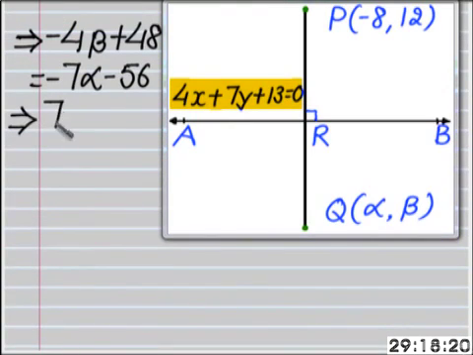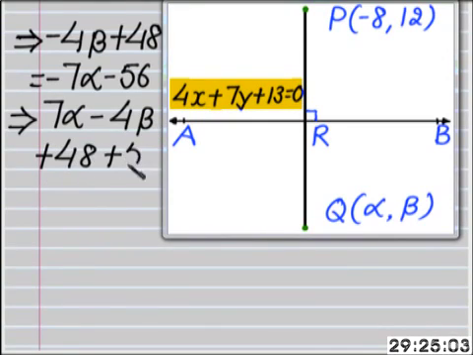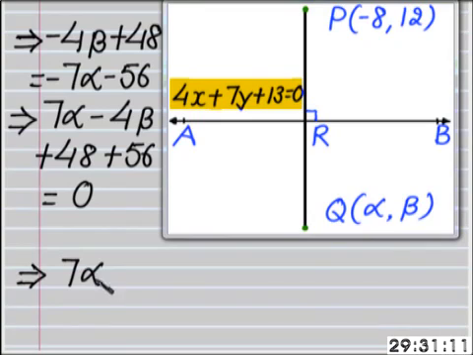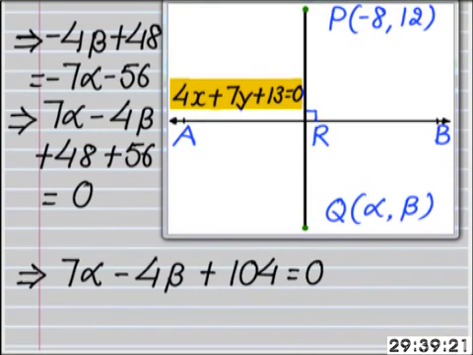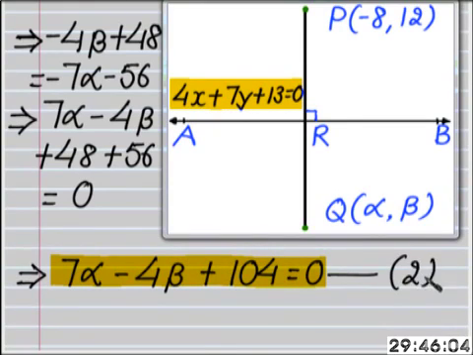Implies that 7 alpha minus 4 beta plus 48 plus 56 is equal to 0. Further implies 7 alpha minus 4 beta plus 104 is equal to 0. Let it be equation number 2.